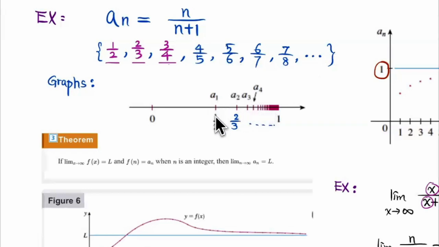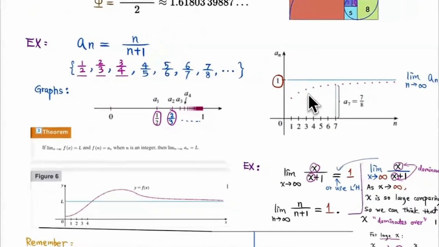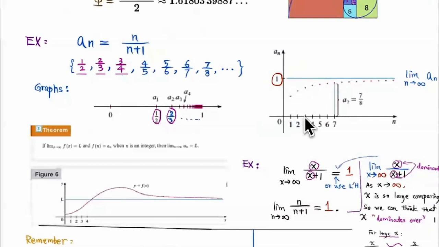I have 1/2 here, and I have 2/3. Continue. What do you think a_n is going to approach? Yeah, approaching 1, right? So A1, A2, A3, getting closer and closer to 1, right?